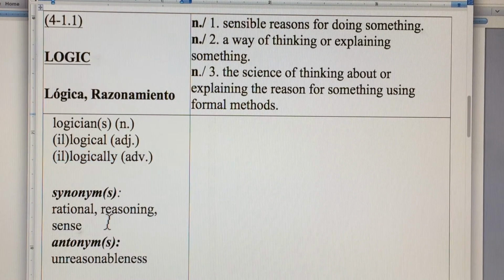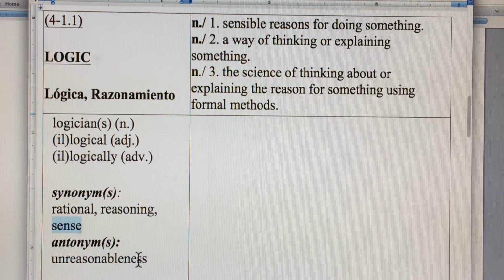You have three synonyms: rational, reasoning, and sense. Rational, if you're rational, you're doing something in a sensible way. Reasoning describes the kind of thinking that needs to be done when you are using logic. I was using reasoning to make my decisions. Or just simply sense.